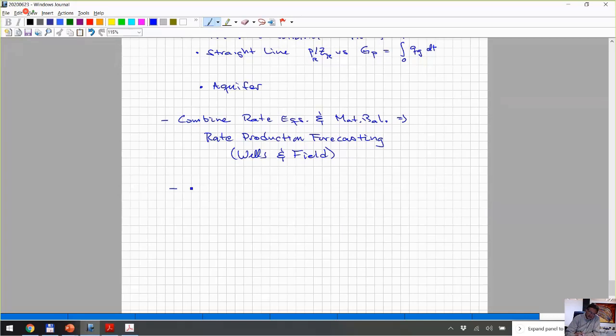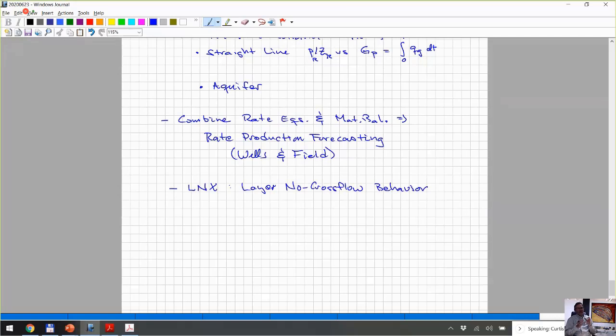And then ever so briefly, we're going to mention something referred to as layered no crossflow behavior. This is again a topic from Mike Petkovich and his group. So individual wells are producing from two or more what I call reservoir flow units.